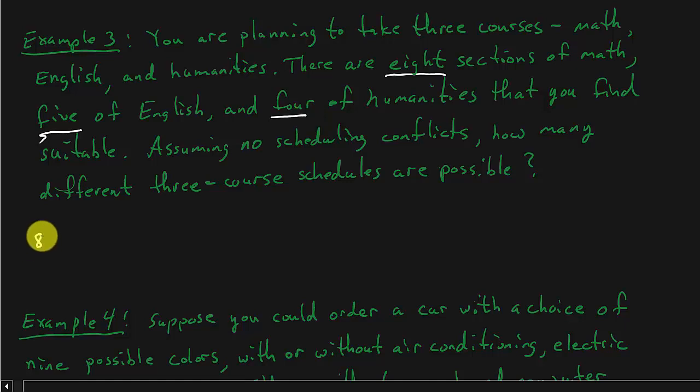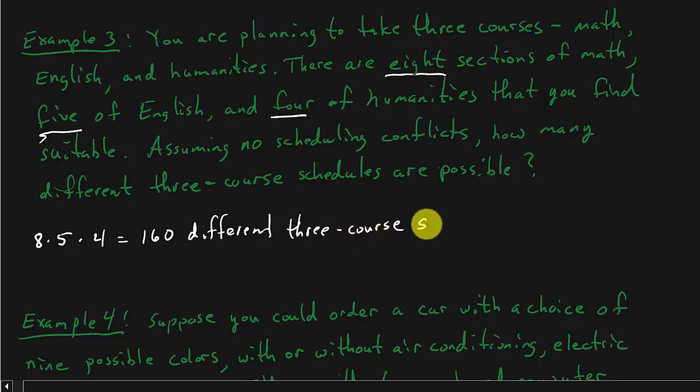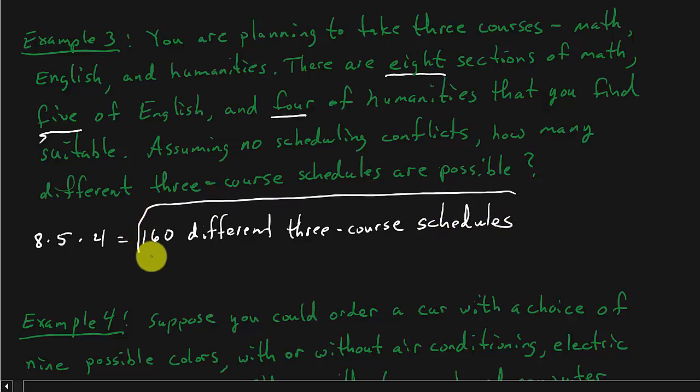So that's just 8 times 5 times 4, which is 160 different 3-course schedules. And there's your answer.